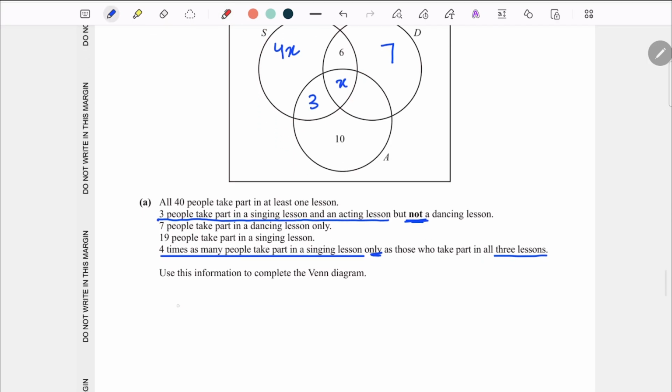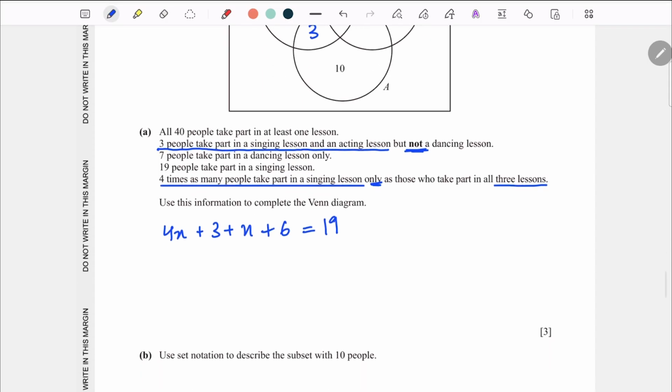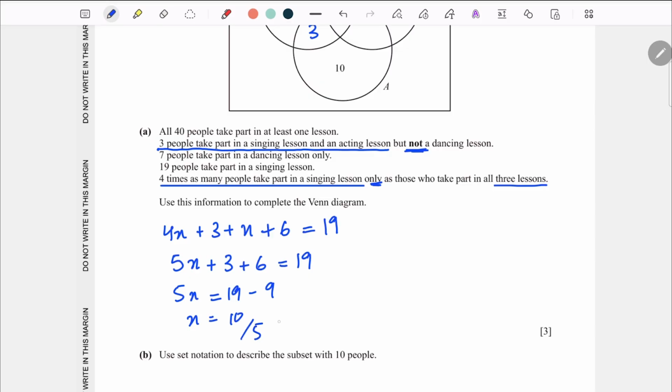So 4x plus 3 plus x plus 6 is equal to 19. 5x plus 3 plus 6 is equal to 19. 5x, 3 plus 6 is 9. So 19 minus 9, 10, divided by 5. And so x will be equal to 2.